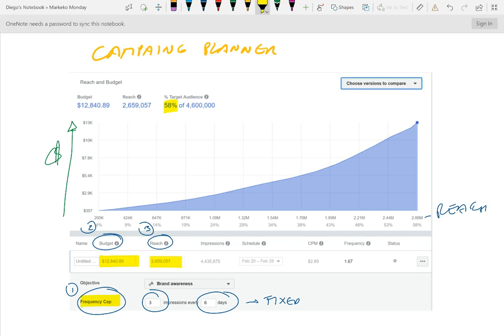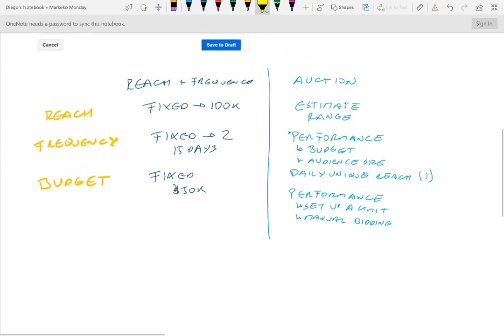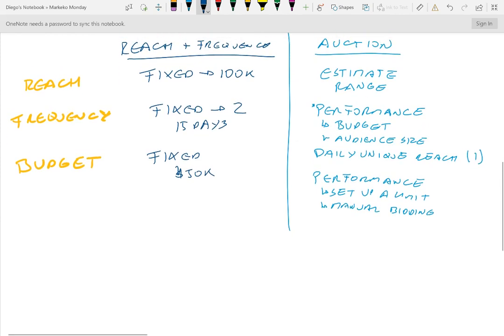The other thing you want to know, and I would say it's probably not the most important thing, is that you don't have a lot of the ad objectives that you have within auction, right? So a lot of the ads that you have in auction, you're not going to have here. Yes, you have reach, you have video views, you have a number of things, but you're not going to have conversions, a couple of different things that you are not going to be able to do.